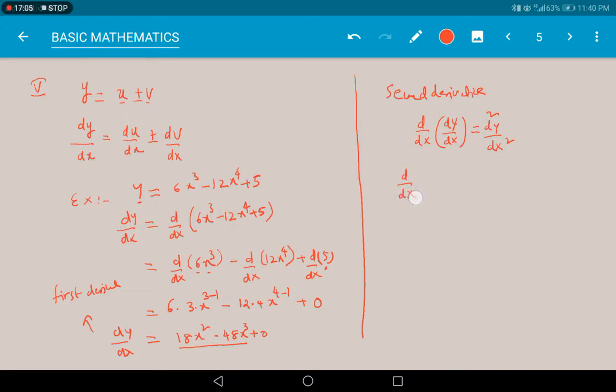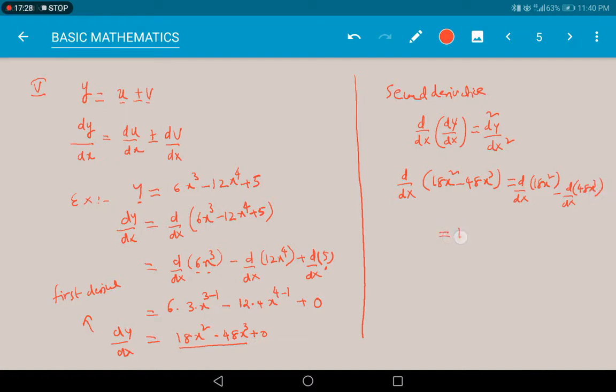dy by dx of this function, 18x square minus 48x cube. So d by dx of 18x square minus d by dx of 48x cube.